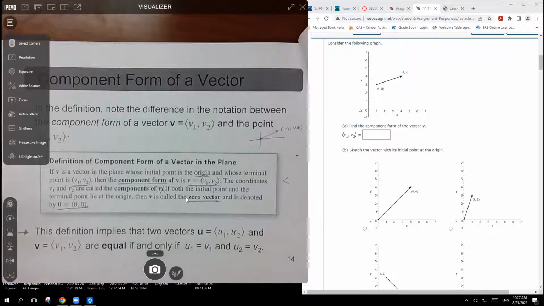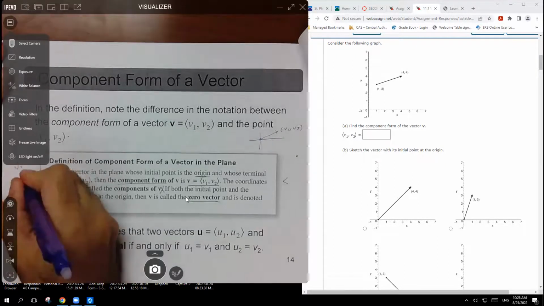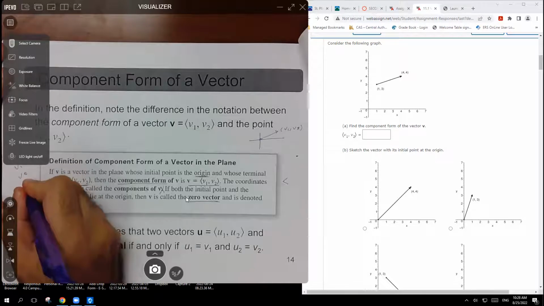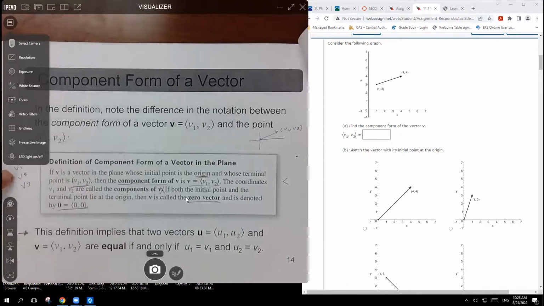Now we're going to extend this, because we're going to work with n dimensions. If I have three vectors and I need to prove they have the same direction and the same length, how are we going to do it?